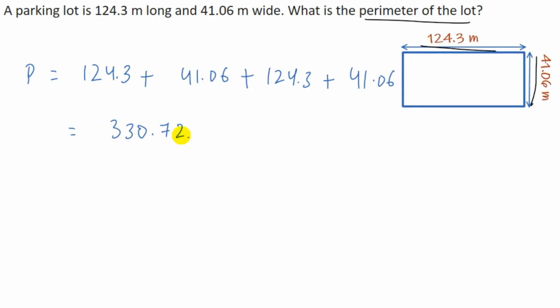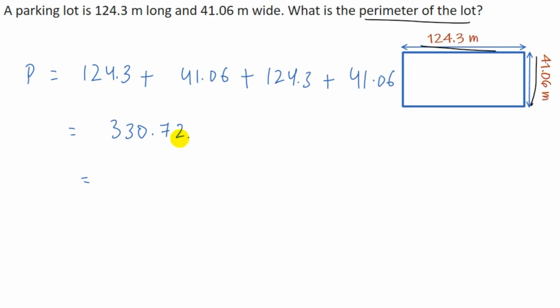330.72. But here we apply the rule for significant figures, which says that the number of decimal places after addition or subtraction is equal to the smallest number of decimal places in any of the individual terms. The smallest number of decimal places is 1, so we have to give our answer up to 1 decimal place.